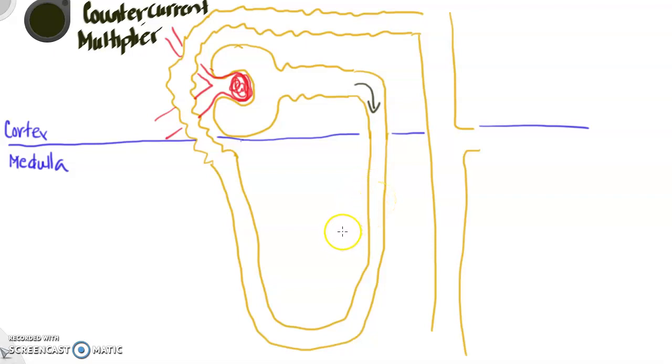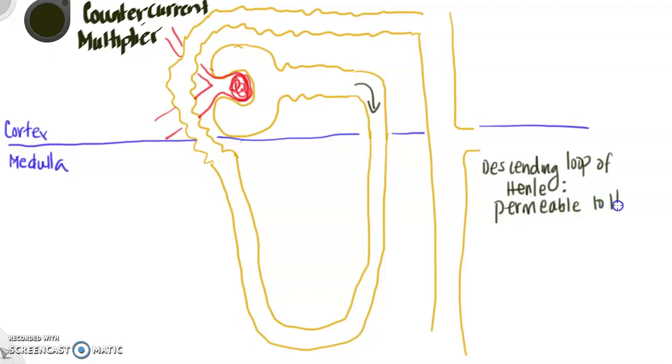So a couple of things happen here. In the descending loop of Henle, the descending loop of Henle is permeable to water, but not to solutes.